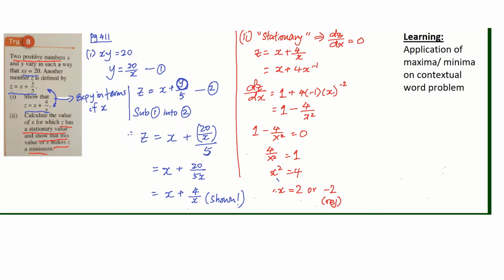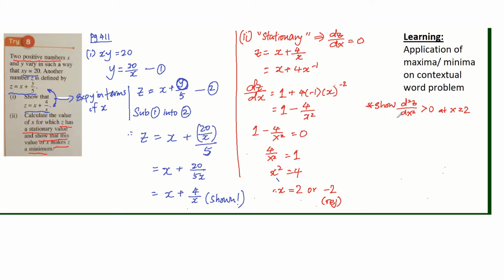And if I go by the second derivative test, d2z/dx squared will be greater than 0. So what the question wants us to show is that d2z/dx squared is greater than 0 at which particular value? At x equals 2. This is what is required of us, in case you haven't realized.